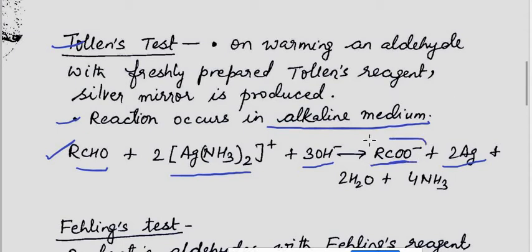Then silver is formed, and because of the deposition of silver, a silver mirror forms on the walls of the test tube, and water and ammonia are the byproducts. So on the basis of Tollens test you can identify an aldehyde from a ketone.